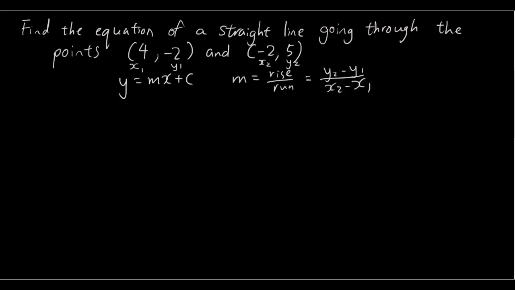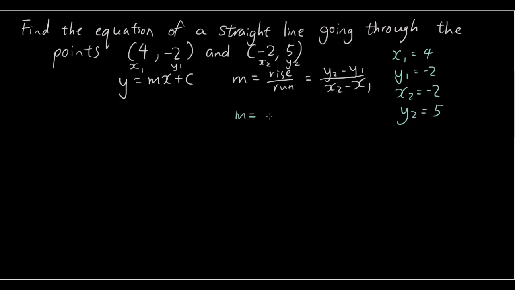So let's firstly find the gradient. Let me use a different color. So the gradient is equal to y2 minus y1 over x2 minus x1. Let's just specify them here: x1 is 4, y1 is -2, x2 is -2, and y2 is 5.